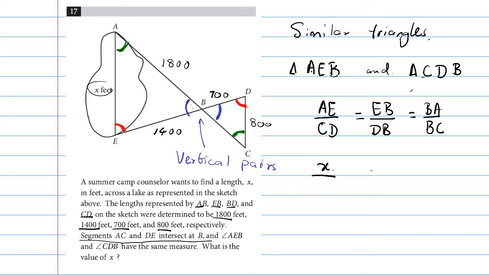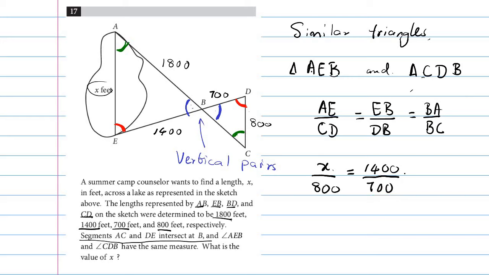What is CD? That's going to be 800. And what is EB? EB is 1400. I'm referring to the triangle that we labeled with the side lengths. Then you have DB. DB is supposed to be 700.